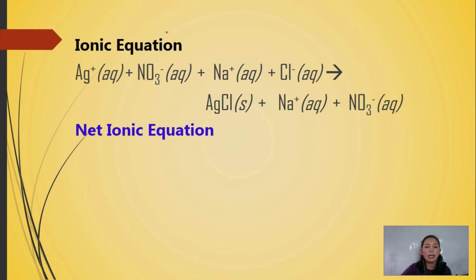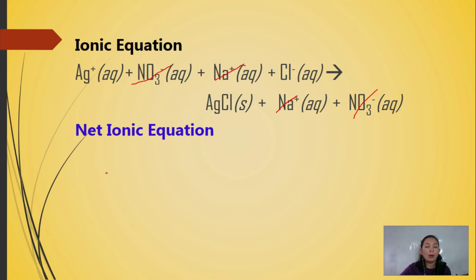Wala. NO3, so we have to cancel this out. Same with this one. Sodium also is in the product side. While chlorine, we do not have. So far, we cancel out or eliminate nitrate and sodium ion.